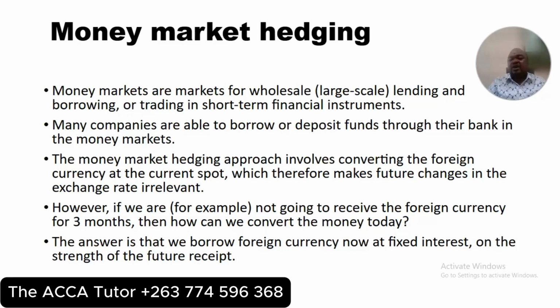If we are going to have a 3 months foreign currency receipt from now, we can't convert that, because we don't have the money now. But what we can do is borrow the foreign currency now at a fixed interest rate on the strength of the future receipt. We'll be able to repay whatever borrowing we have made, because obviously we are waiting for money in 3 months' time.